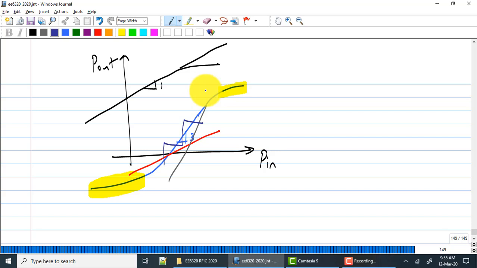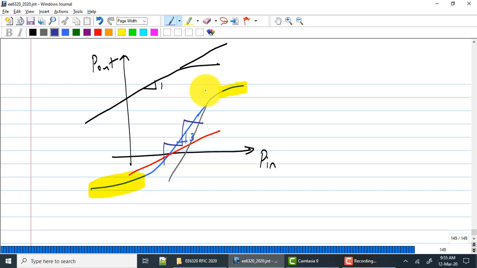If your LNA has an IIP3 of minus 10, at minus 10 your compression point is minus 20. Remember there is a 10 dB difference between 1 dB compression point and IIP3. There is no use sweeping the LNA beyond the 1 dB compression point by a large amount. You can sweep it a little bit. After that, it will become so nonlinear that your simulator will start struggling to converge.